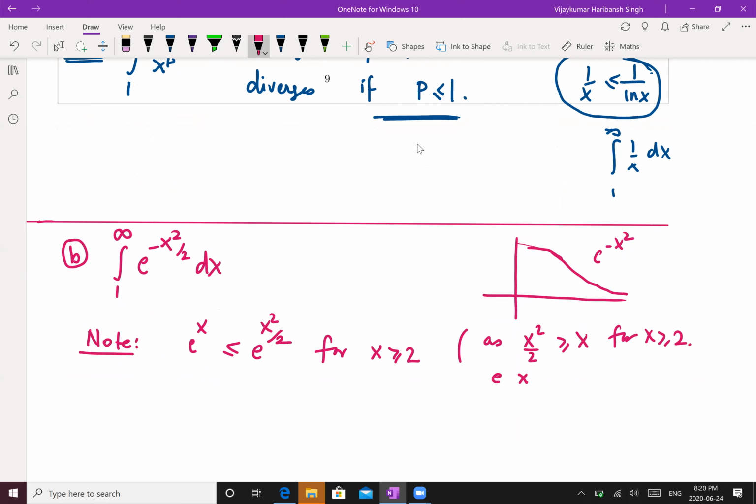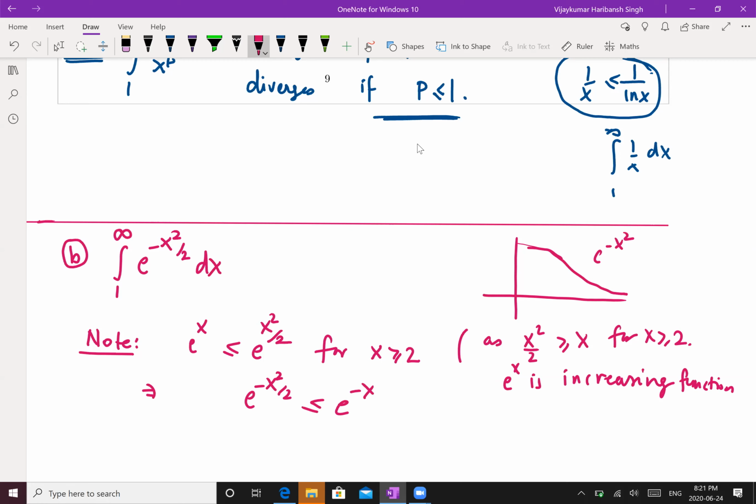Why is it increasing? Because the derivative is positive. So if x squared by 2 is greater than or equal to x, then e to the power x squared by 2 is greater than or equal to e to the x. Now because we have a minus sign, this implies e to the power minus x squared by 2 is less than e to the power minus x.